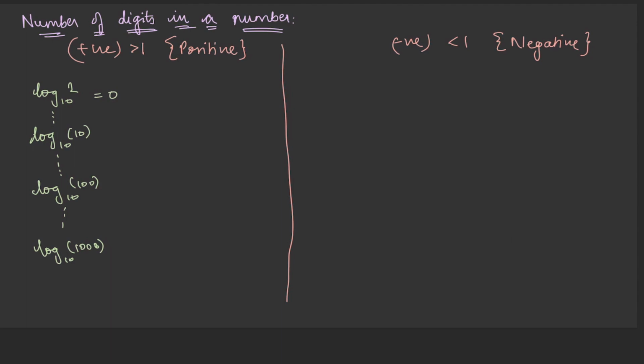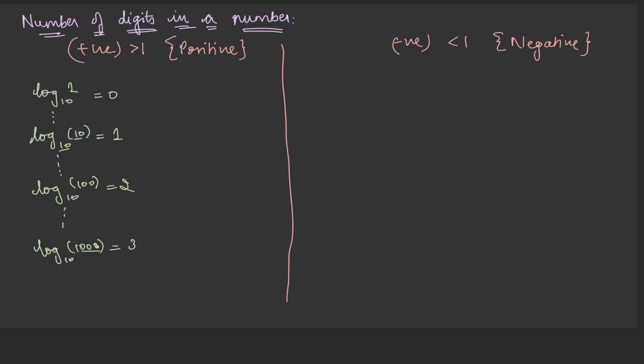Log of 10 to the base 10 is 1, since base and number are the same. We can write 100 as 10 power 2, and this 2 can be brought before, so log of 100 to the base 10 is 2. Similarly, 1000 can be written as 10 power 3, and this 3 can be brought here using our property, so log of 1000 to the base 10 is 3.